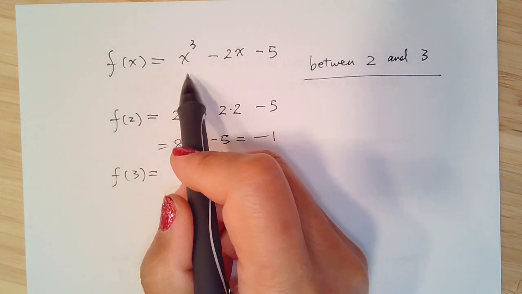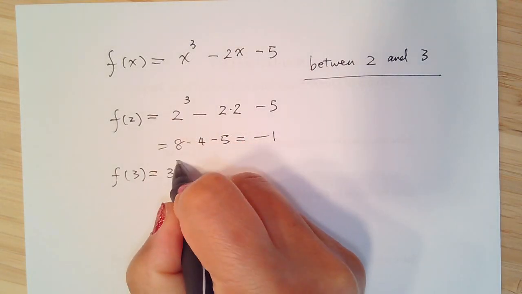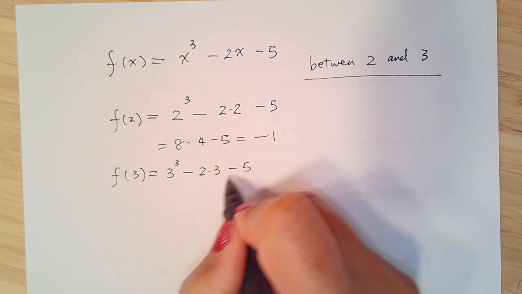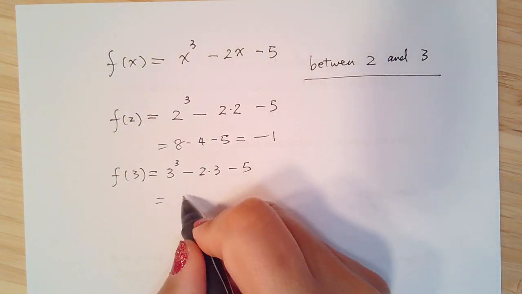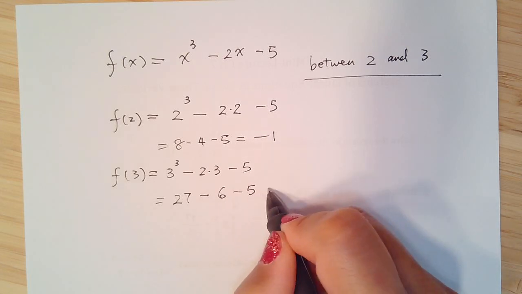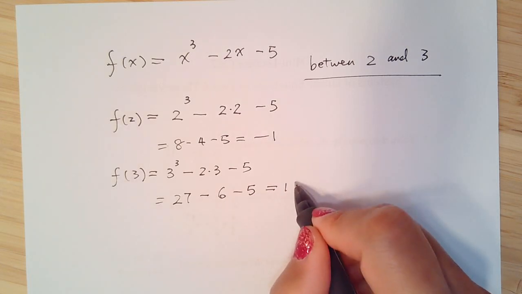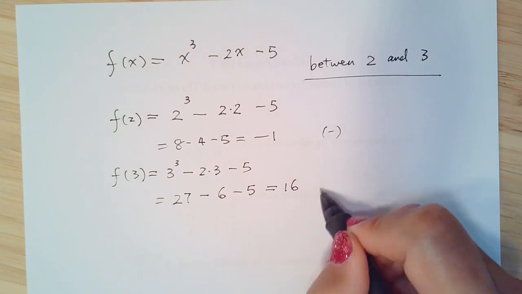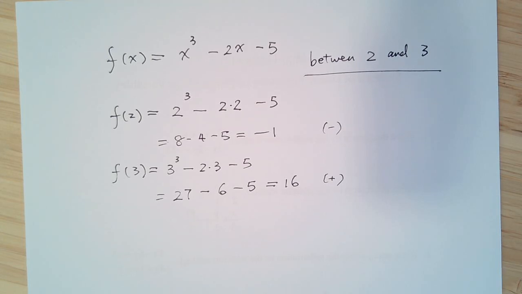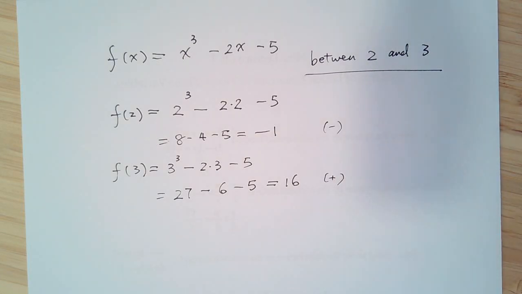We plug in 3, so that's 3 cubed minus 2 times 3 minus 5. 3 cubed is 27, minus 6, minus 5. The answer is 16. So this is negative, this is positive. They do have opposite signs, so there is at least one real 0 between 2 and 3. Proved.